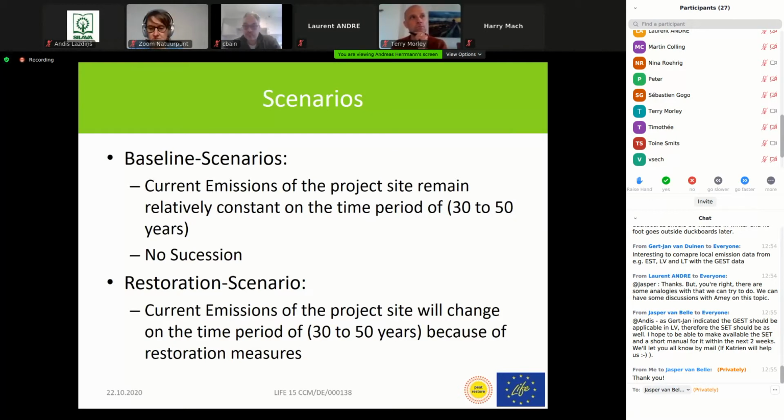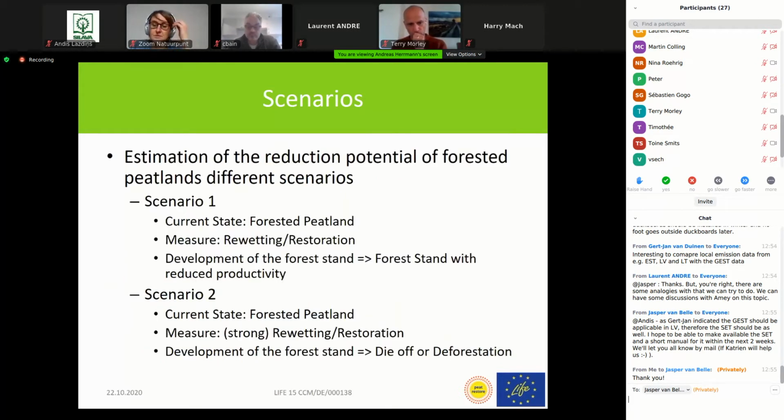So yeah, it was very hard work for us, because nobody among our project partners had an idea how to do it. And the estimation of the reduction potential is the main result of this scenario work.